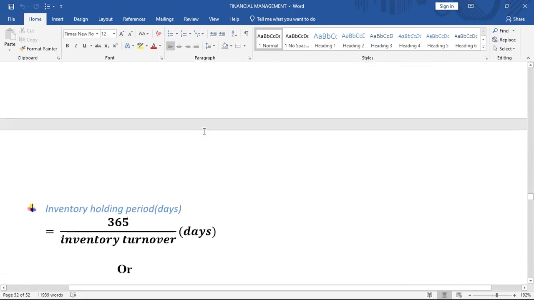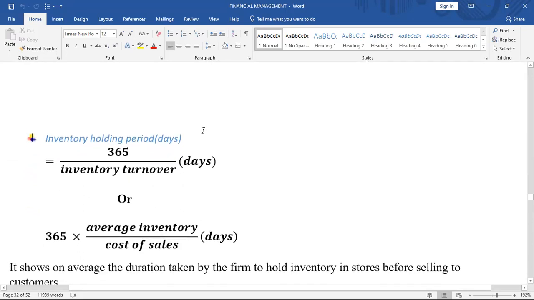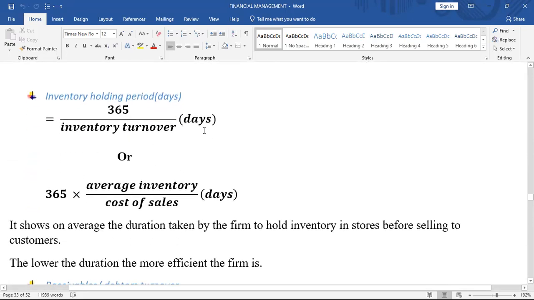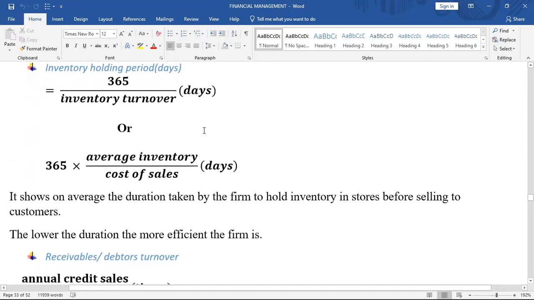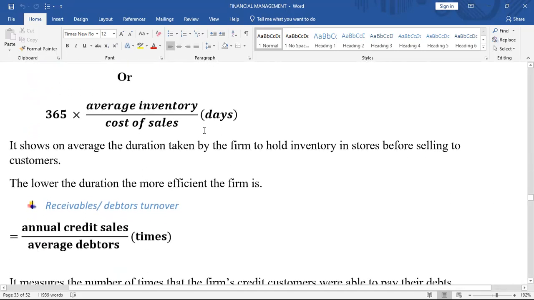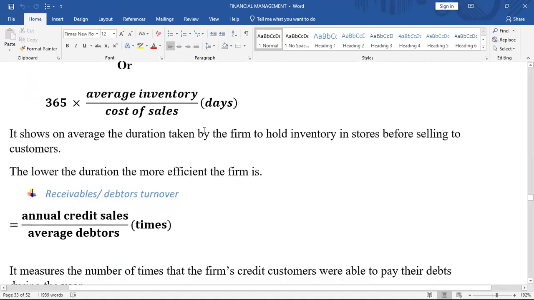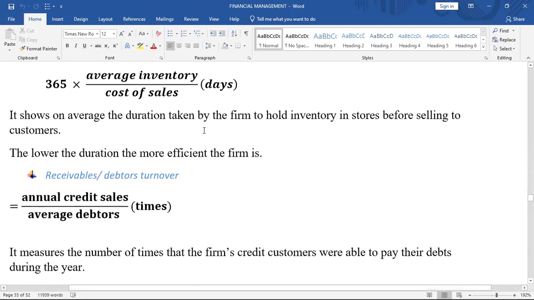Here, because the inventory is already on the denominator side, you have to reciprocate your formula. So that is where we have reciprocated. You take the average inventory, divide by the cost of sales, and give it in days. It shows on average the duration taken by the firm to hold inventory in stores before selling it to customers. So the lower the duration, the more efficient the firm is.